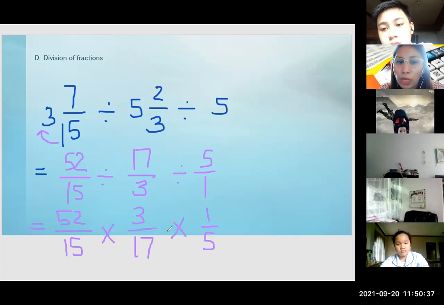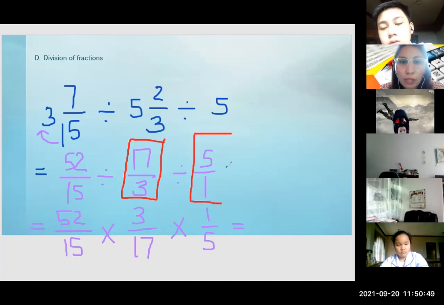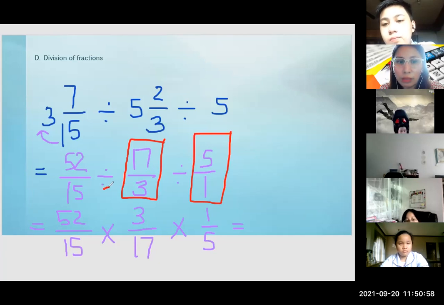So you can now proceed to multiplication. Always invert the second given fraction if the solution is in division.